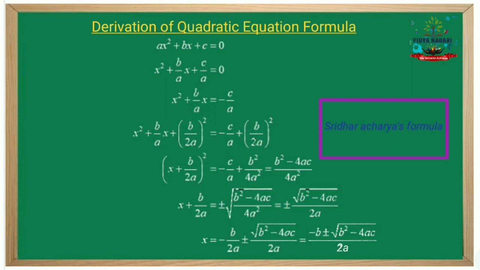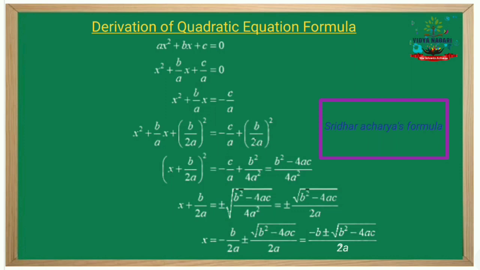Now, if we shift the constant term to the right hand side, then x square plus b by a into x equals to minus c by a. By adding b by 2a whole square on both sides, then on the left hand side, x square plus b by a into x plus b by 2a whole square equals to minus c by a plus b by 2a whole square.